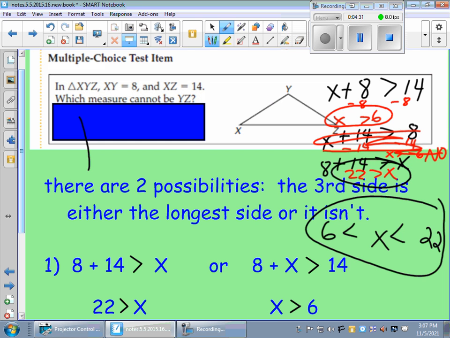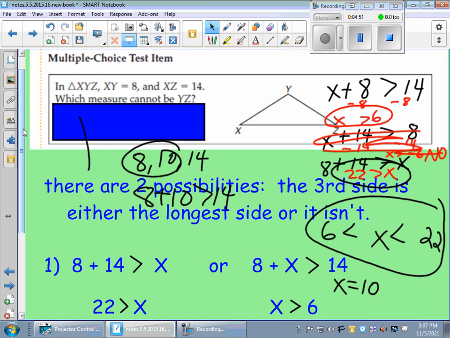Pick a number in the range, say x equals 10. So we have 8, 10, and 14. Using the prior example, add the two smaller. Is 8 plus 10 greater than 14? Yes. So that's a range, and I found a number in the range.